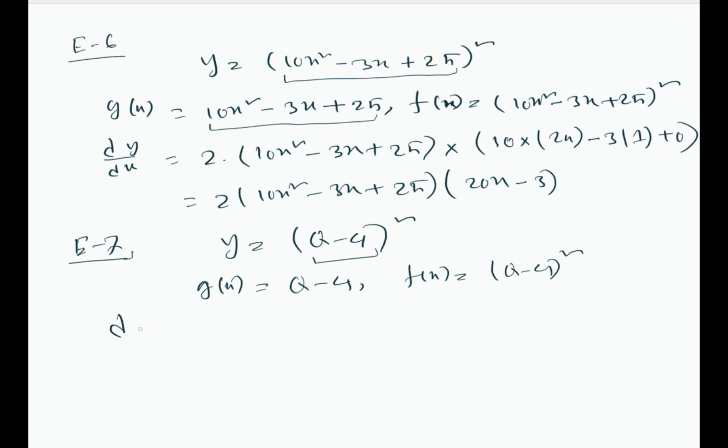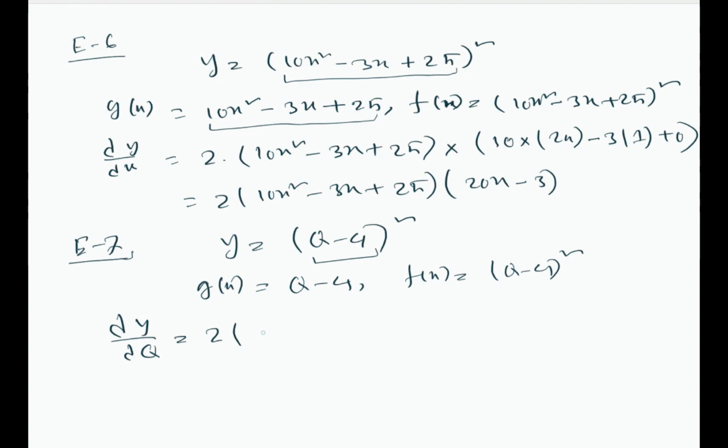So the derivative of y with respect to q, here our variable is q, so remember this thing. Normally we'll take x as our variable, but it is not always correct. We can take anything. According to the situation we need to take our variable, and it will be given, don't worry.